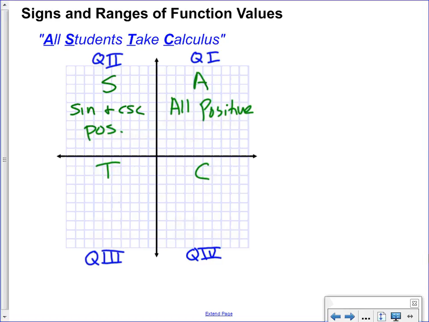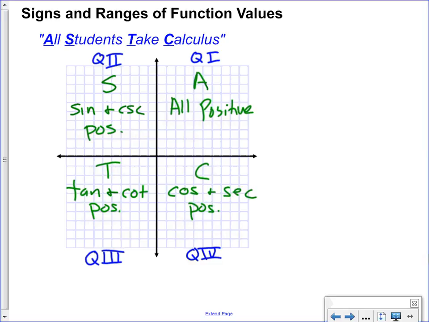Third quadrant, T stands for tan. And the reciprocal of tan? Cotan. And there's a lot of C words, but of the big three, what's the other C word? Cosine. So in the fourth quadrant, cosine and secant are positive.